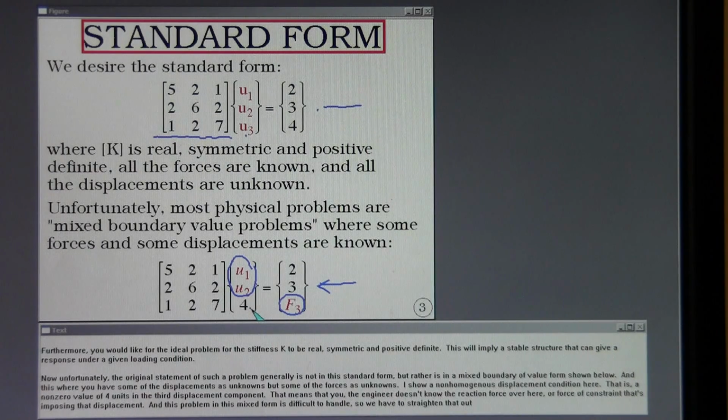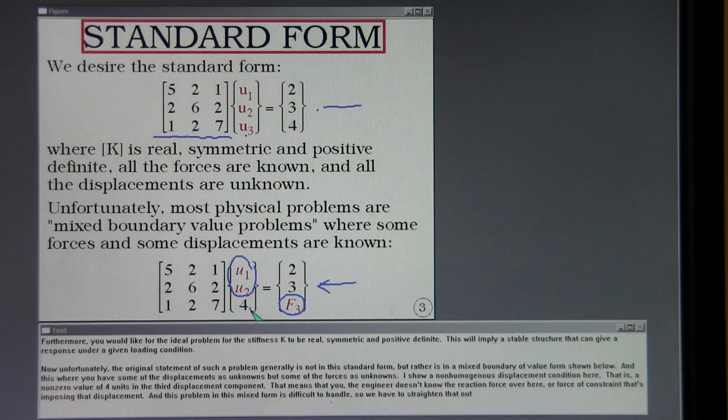That is a non-zero value of 4 units in the third displacement component. That means that the engineer doesn't know the reaction force over here, or force of constraint that's imposing that displacement. And this problem in this mixed form is difficult to handle, so we have to straighten that out.